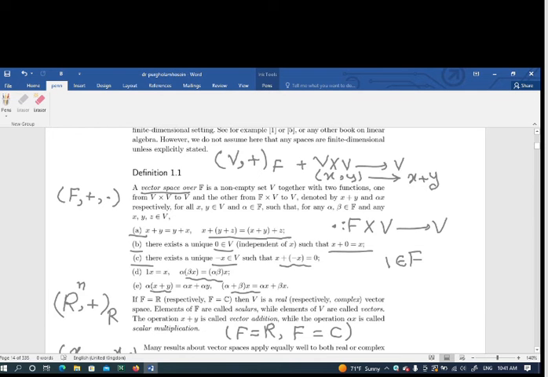One is the addition operation between two vectors, which we denote by the addition sign like this. And another operation is scalar multiplication from the field F cross V to V.